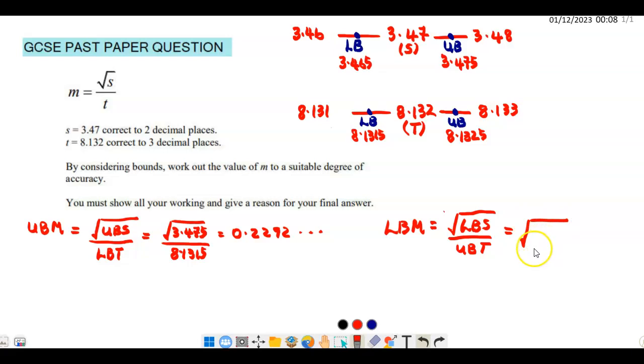So the lower bound s is 3.465 over the upper bound t, which is 8.1325. Let's see what we get with our scientific calculator.